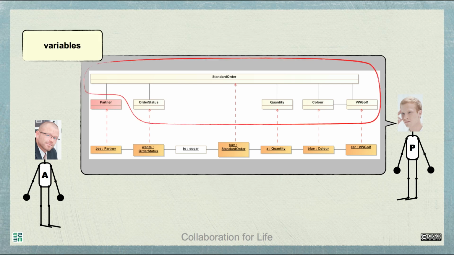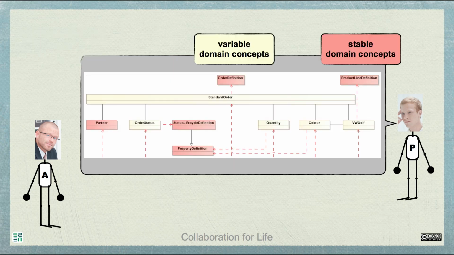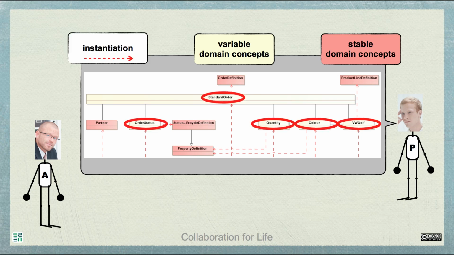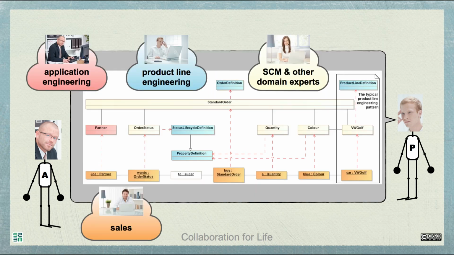Paul proceeds with further analysis of the variables uncovered by the initial analysis, and defines an abstract structure of the categories which are stable. The instances of these categories are the variables in the original analysis model. Based on these results, Paul and his team can develop product line configuration software for Lisa and other domain experts.